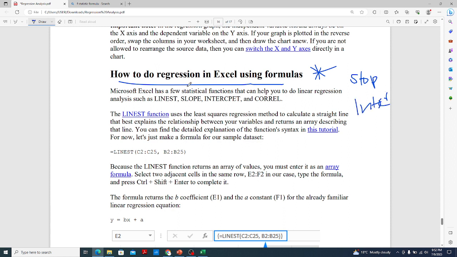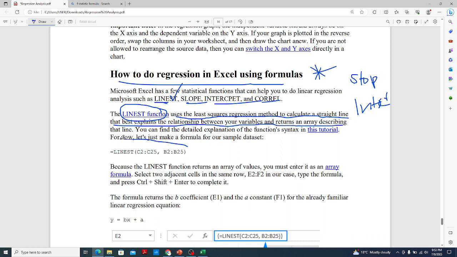In Microsoft Excel we have a few statistical functions: LINEST, slope, intercept, and CORREL. The LINEST function uses the least squares regression method to calculate a straight line that best explains the relationship between your variables.